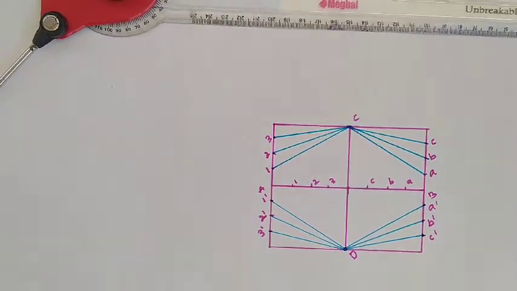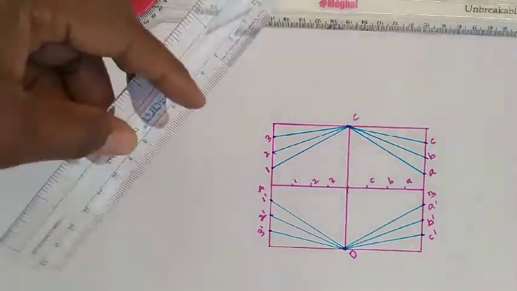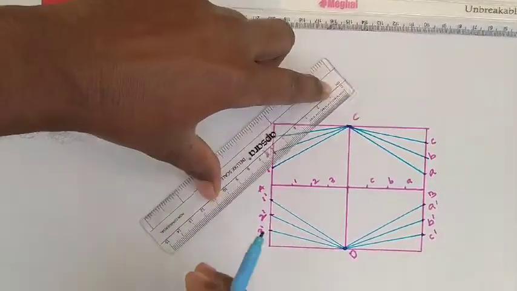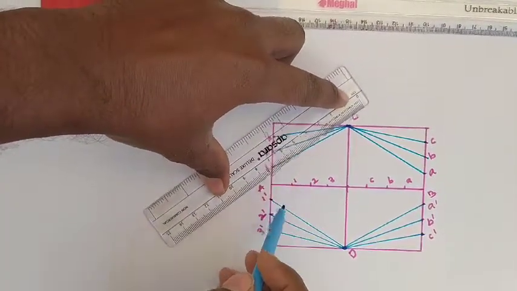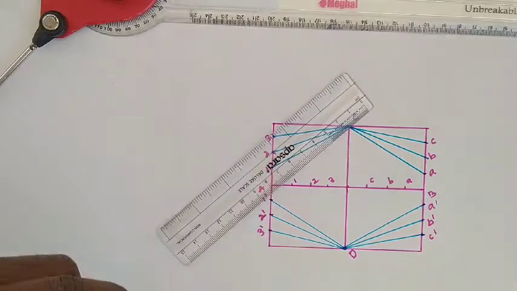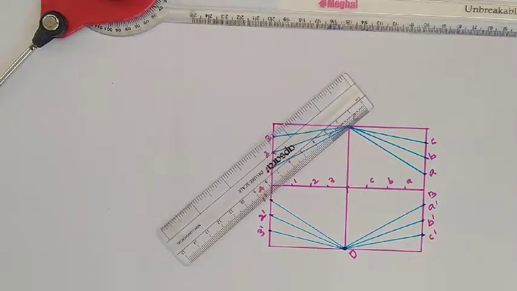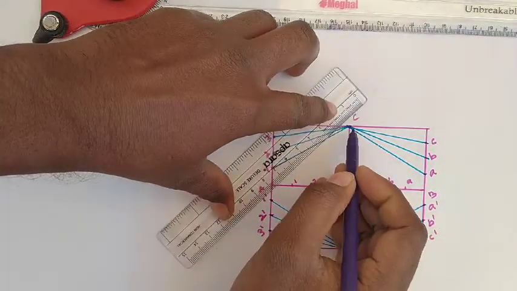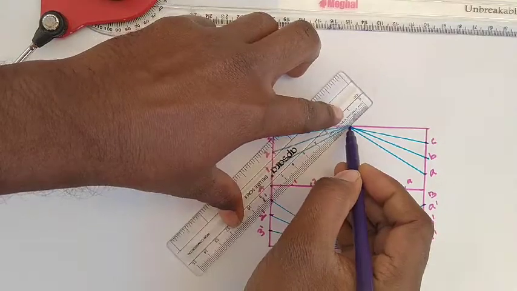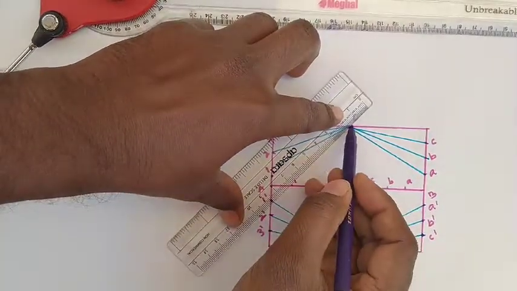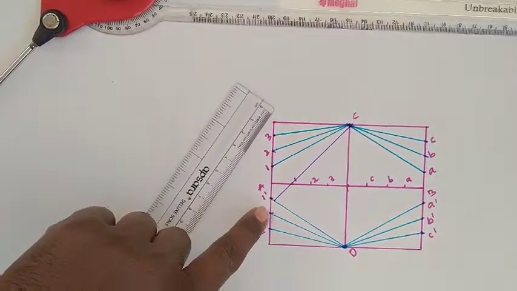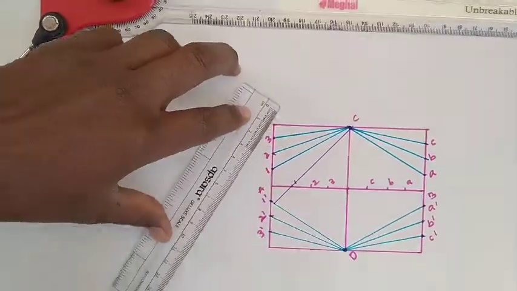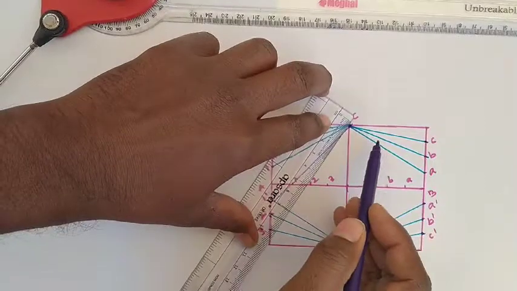Next, with the help of your scale, draw a line from C passing through 1, up to where it intersects the line from D through 1 dash.